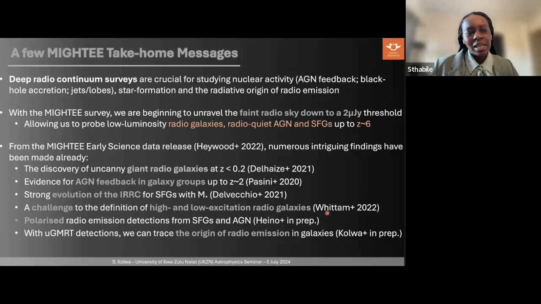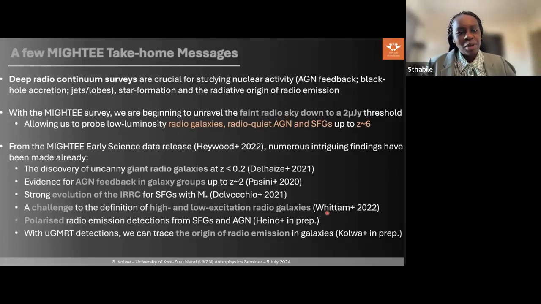Also investigating AGN feedback in galaxy groups, now using sensitive radio continuum observations, looking at how the infrared radio correlation evolves. And there's a strong function of stellar mass, and also HERGs and LERGs, and how their Eddington ratios are more similar than we thought.